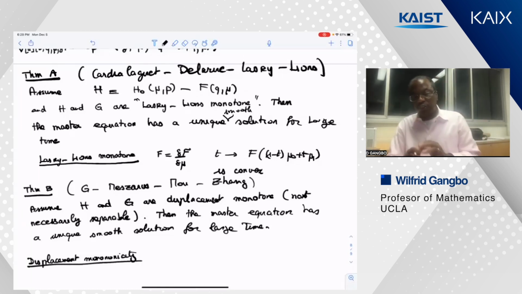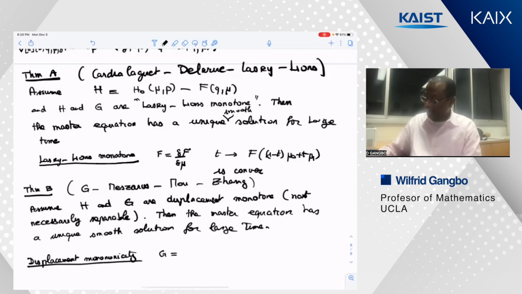So displacement monotonicity, although the definition exists in general, let me give it to you in an example. Assume that G is derived from a potential.